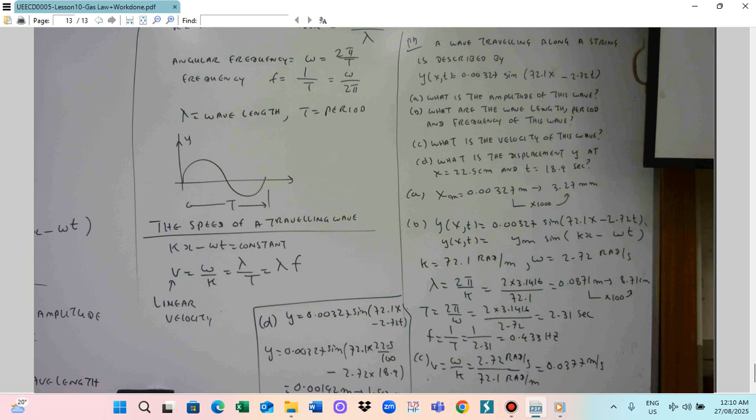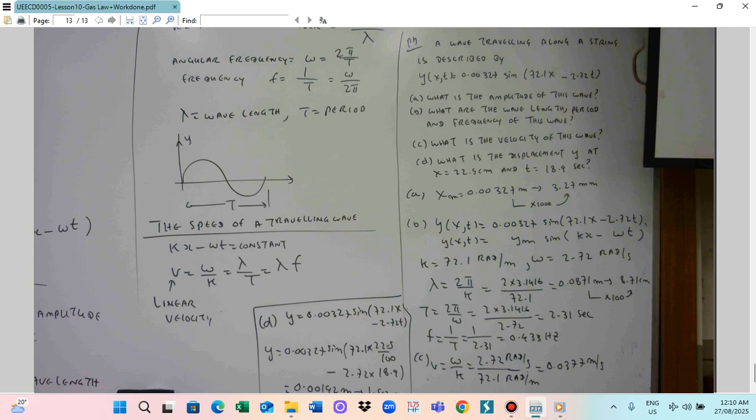The formula is lambda equal to 2 pi by k, where k is the angular wave number, since k is equal to 2 pi by lambda. So 2 pi is 3.1416, and k we calculated is 72.1. Therefore the wavelength is 0.0871 meter, or 8.71 centimeter, multiplying by 100.